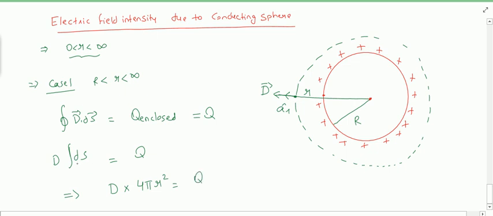You can find this surface area also. In place of dS, we write r square sine theta d theta d phi, because this is nothing but a sphere. For a surface whose vector is in the direction of a r cap, the differential surface is r square sine theta d theta d phi, where the limits of theta are from 0 to pi, and for phi they are from 0 to 2 pi.